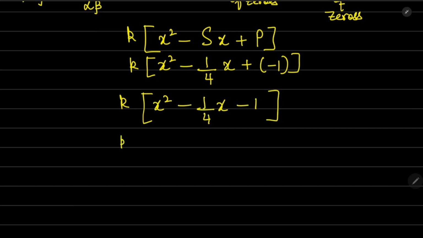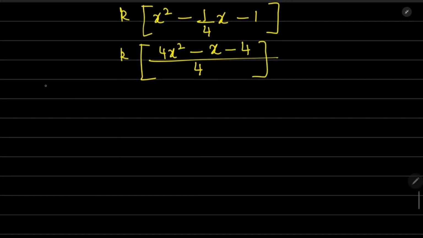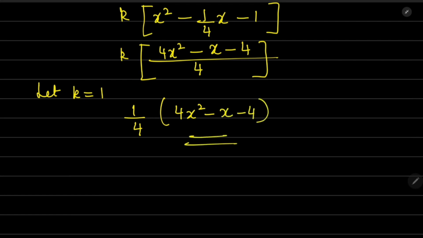So you have k multiplied by 1 by 4 times 4x square minus x minus 4. So let k equal to 1. If k equal to 1, take 1 by 4 outside, and inside you will have 4x square minus x minus 4. So this is your answer.